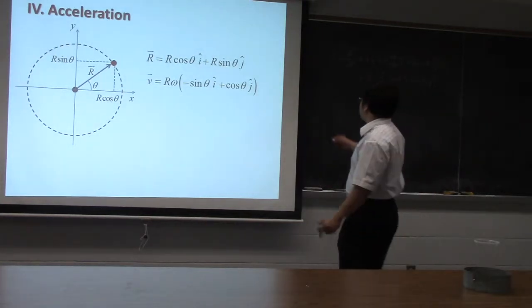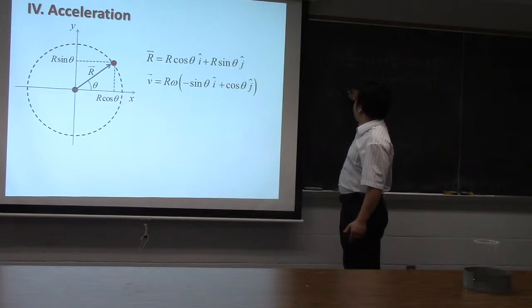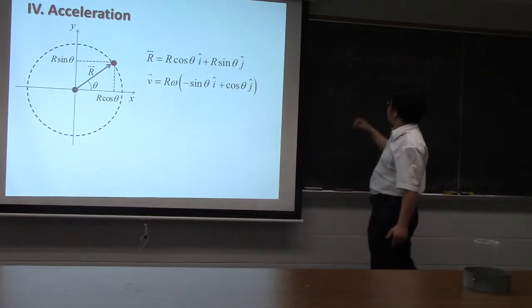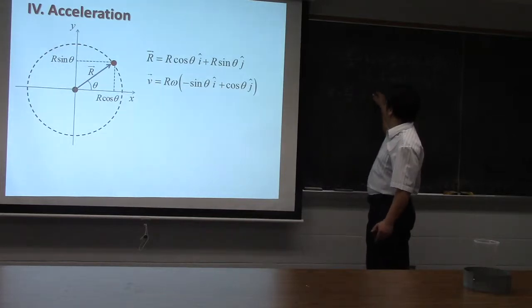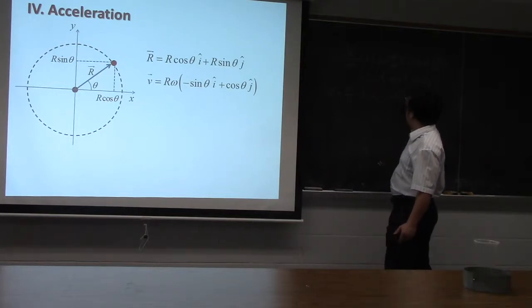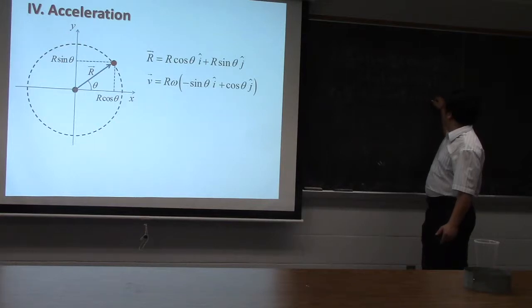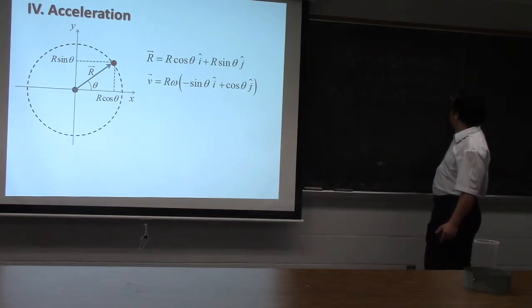Now, I want acceleration, so I'm going to take another time derivative of v, which is r omega constant, minus sine would become minus cosine theta d theta over dt i hat plus minus sine theta d theta over dt j hat.